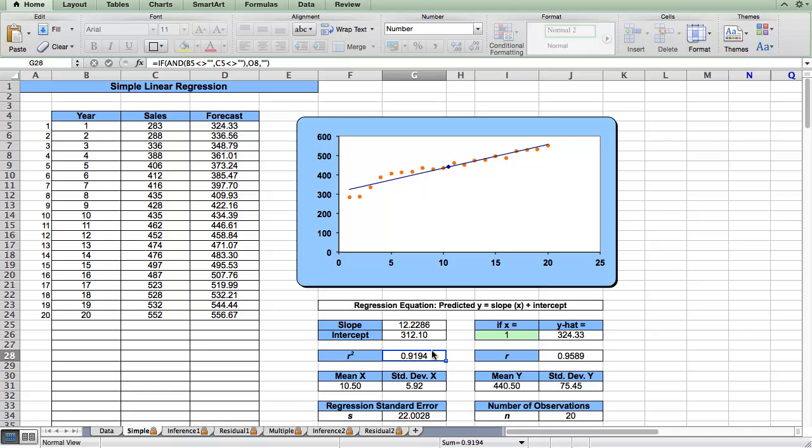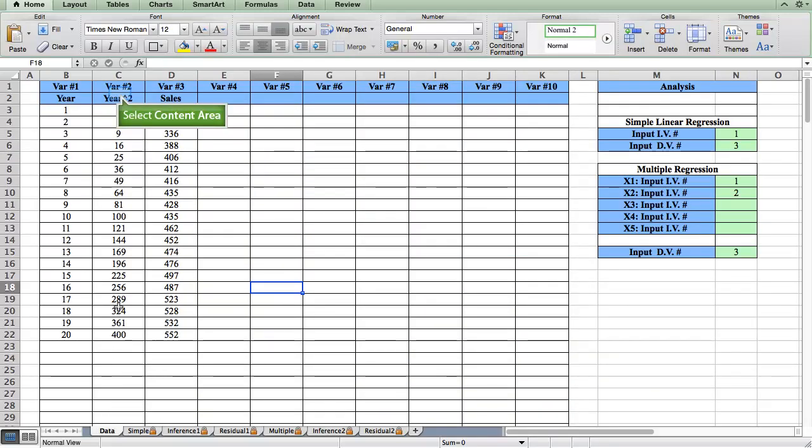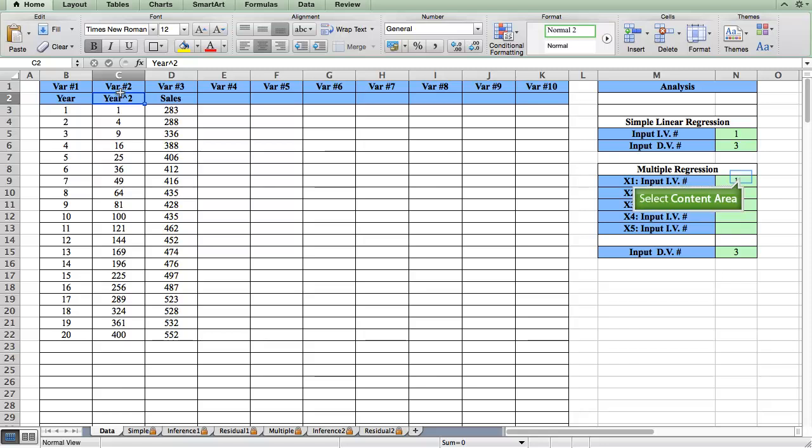That fits much better. So we might improve our model by using a quadratic adjustment. And to do that, we would use the year squared as an additional independent variable.